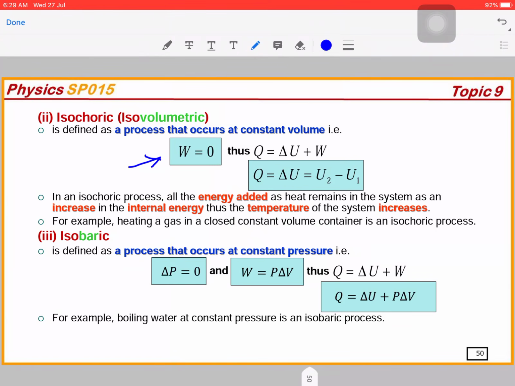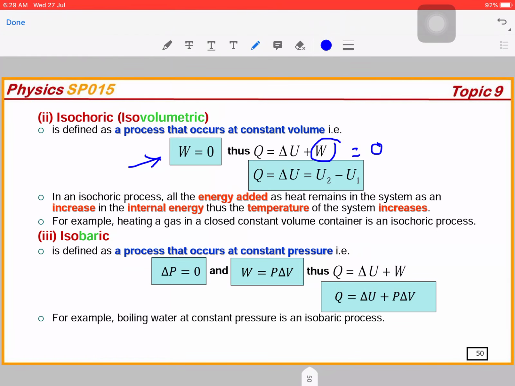So our equation Q is equal to delta U plus W will become Q is equal to delta U only. Why? Because W equals 0. Okay, when there is no change in volume, W equals 0.